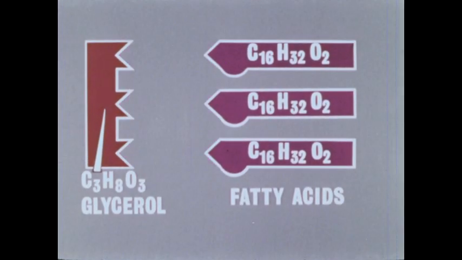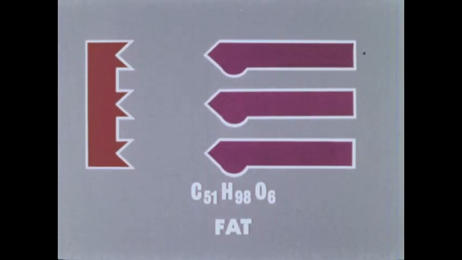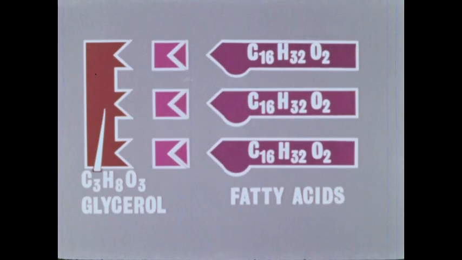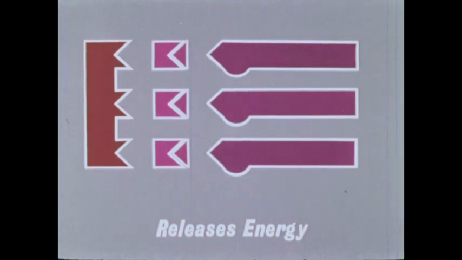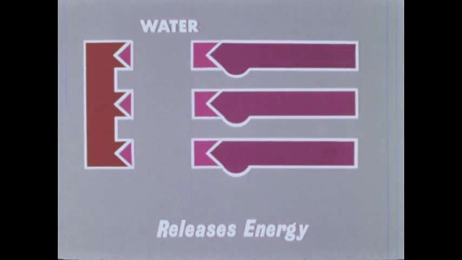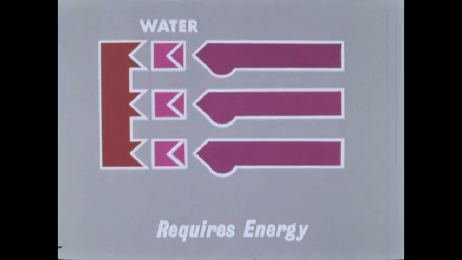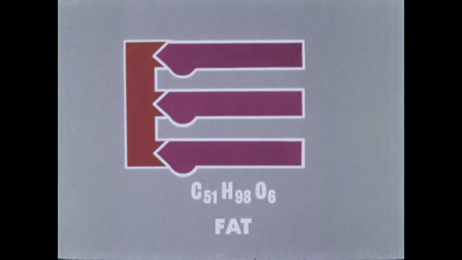In the cell, these molecules may be joined together or they may be split apart. Splitting apart releases energy and utilizes 3 molecules of water. Combining requires energy and splits off 3 molecules of water. Through this process, a fat molecule is formed.